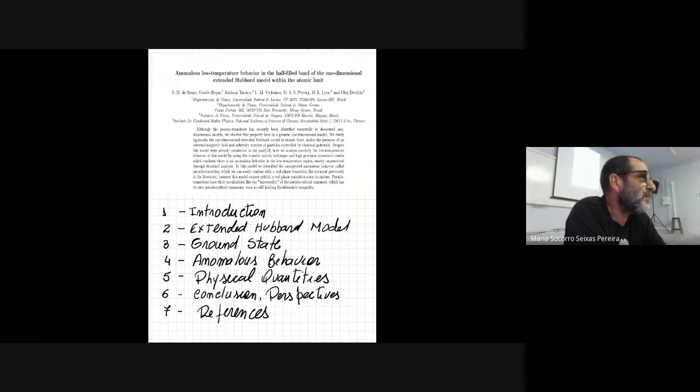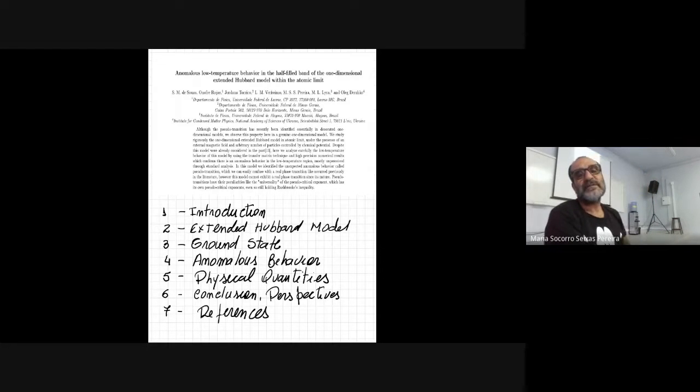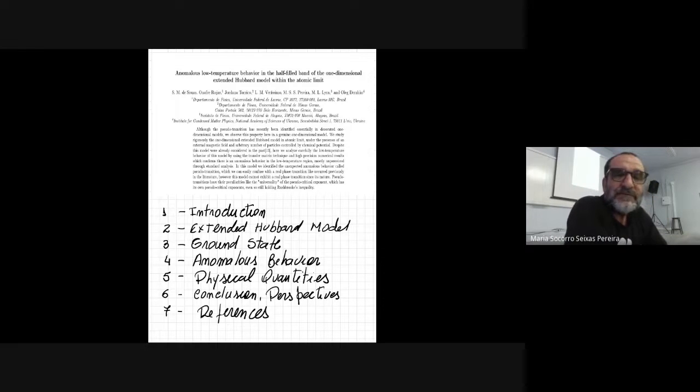Last year, we almost found a pseudo-transition in the Potts model, and the Hubbard model was the second candidate for our study of anomalous behavior at low temperature.